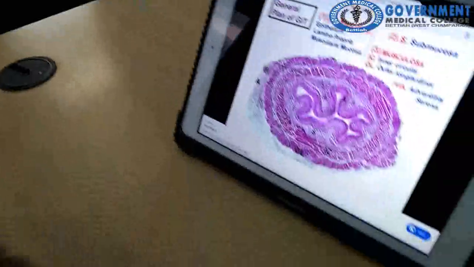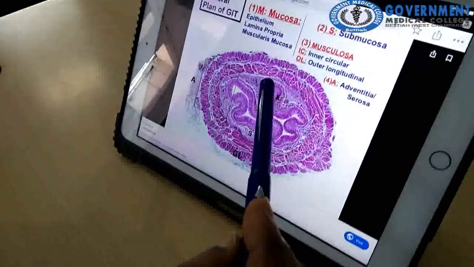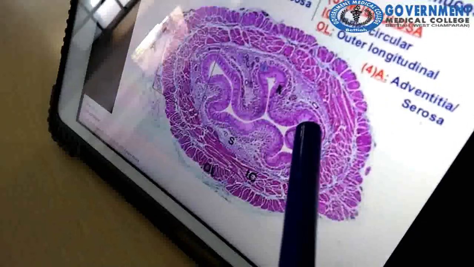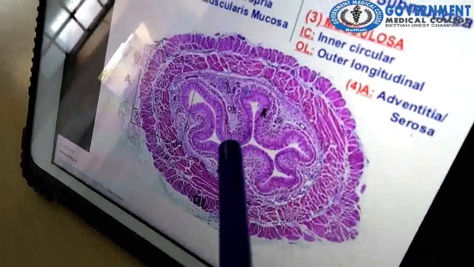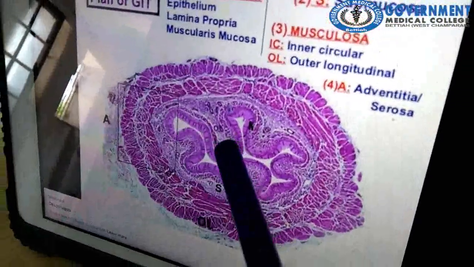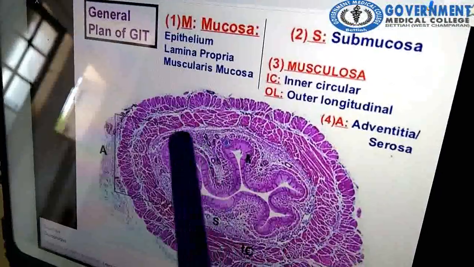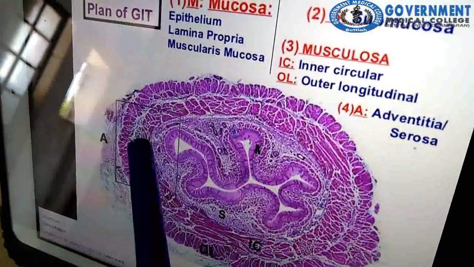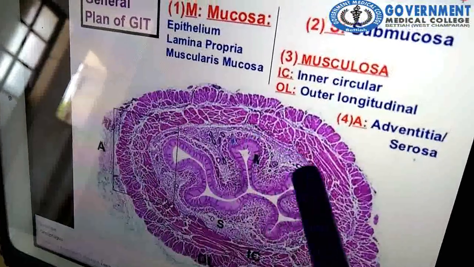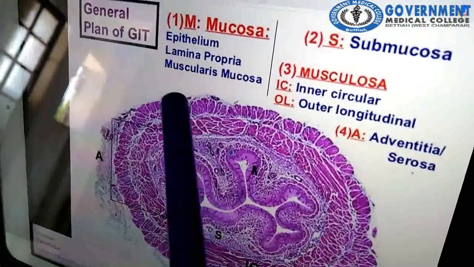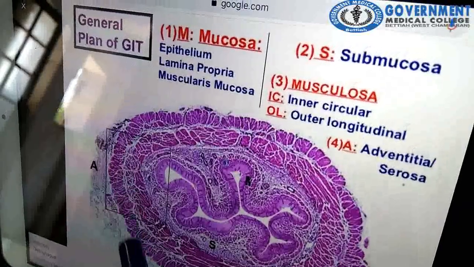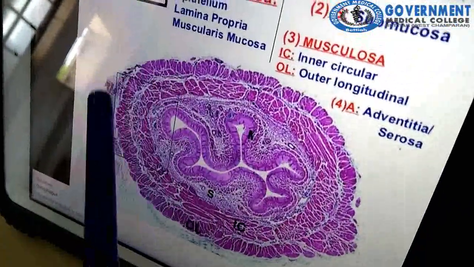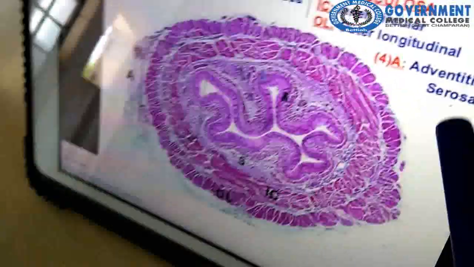See the next picture. This is also a slide of esophagus, and this is the lining epithelium, stratified squamous, non-keratinized. This is lamina propria, and here is submucosa, and this is muscle layer. Understand? And this outer part is the fibrous layer.